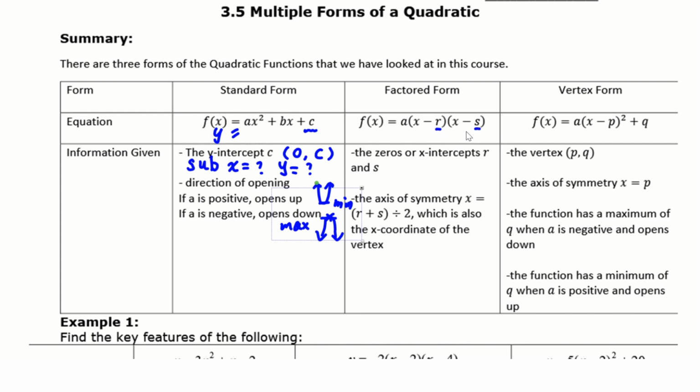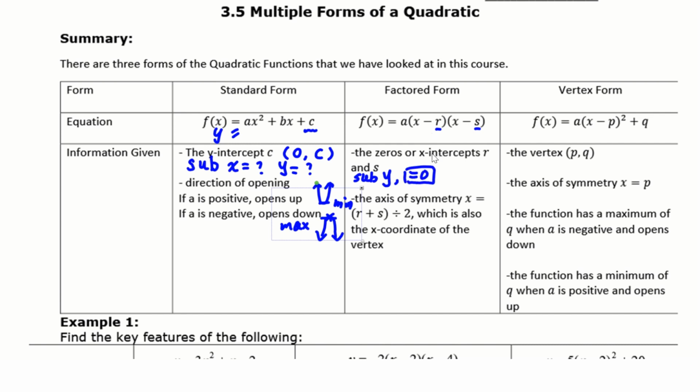And from factored form, you are able to see the zeros right away. So it's r, 0. And also if you are looking for x value that is not at vertex, what you are going to do is let y equal the y value you sub in, then move everything to one side, so that one side equals 0.